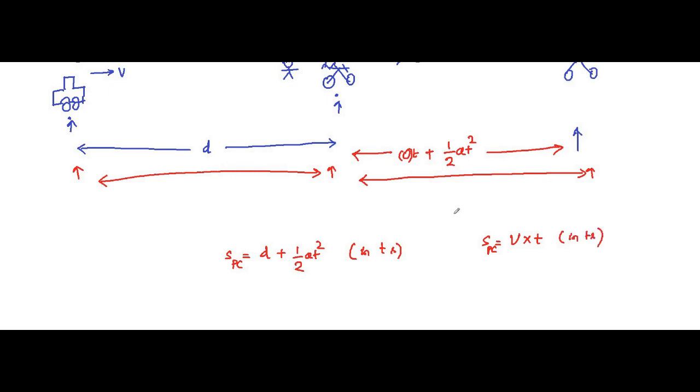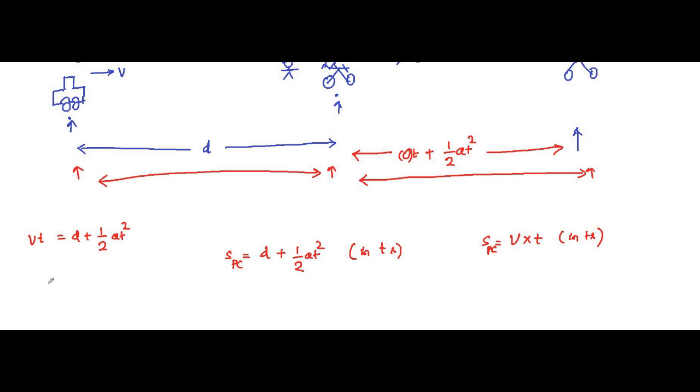To catch the thief, it has to cover d plus 1 half at square. So it means both of them are equal. Vt is equal to d plus half at square. So it will come in the form of a quadratic equation.